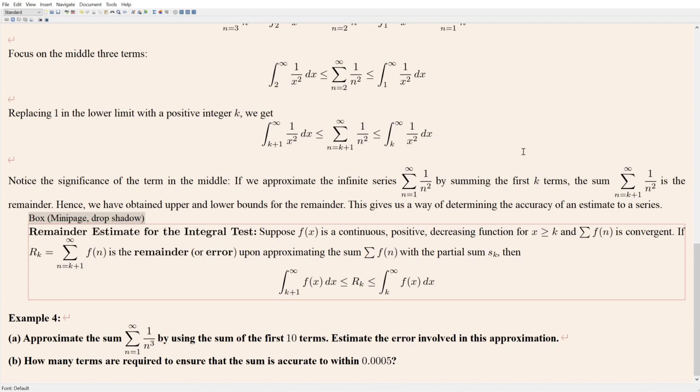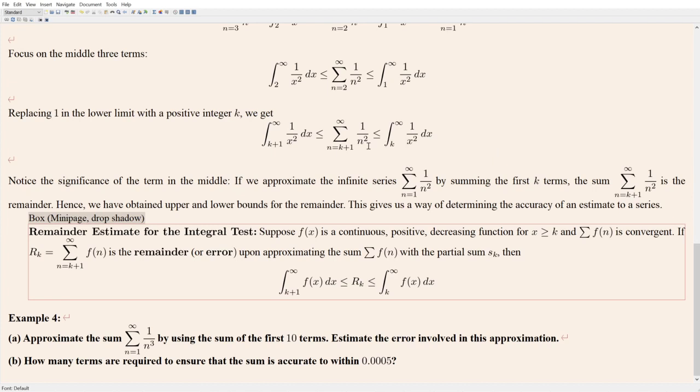Well, if we add up the first k terms, then the remaining terms are all of these, because here is the k plus 1th term, and then the k plus 2th term, k plus 3, all the way out to infinity. So this dude that we have here is the remainder. If we add up the first k terms, then this is the bit which is remaining.